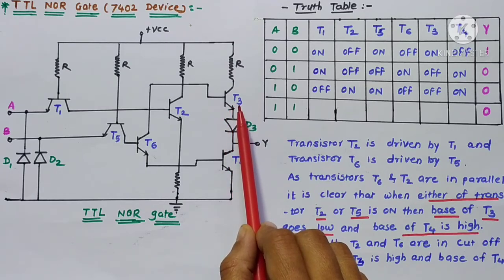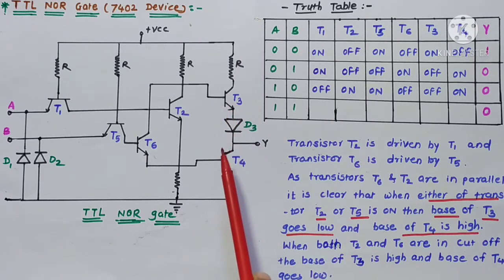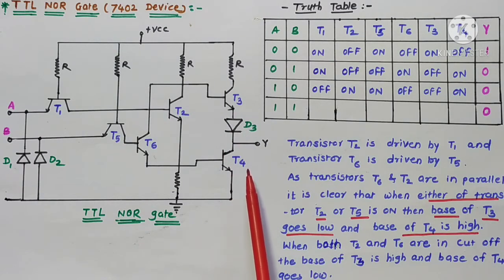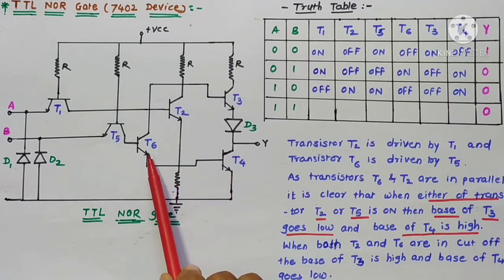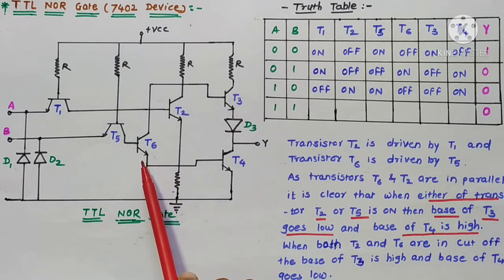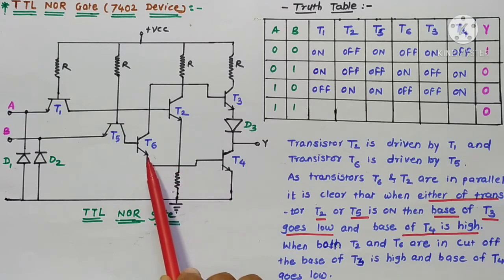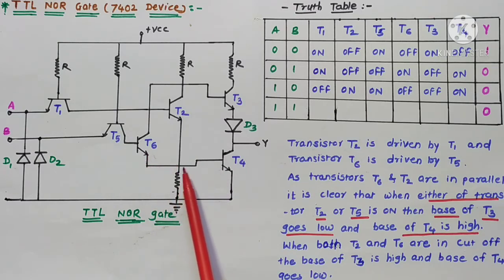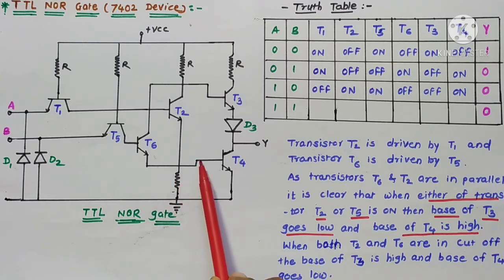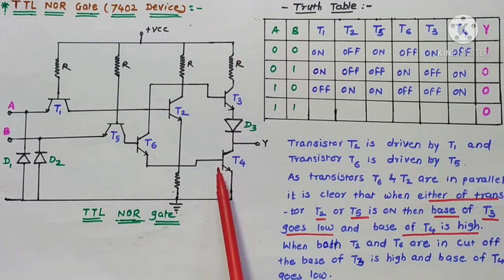Thus, as the transistor T3 is off, transistor T4 is on because the emitter of this transistor T6 is at high. If the emitter of this T6 is at high, it is given to the base of transistor T4.